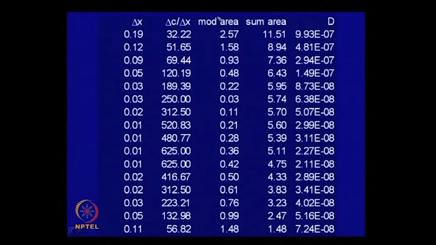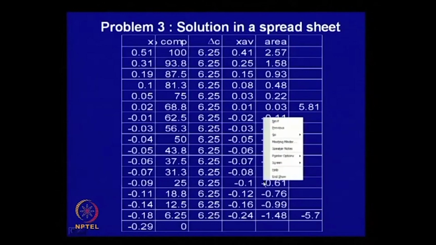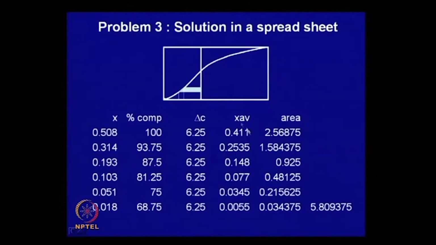So, take the modulus of the area listed here, then sum the area, and the summation has to be from the concentration 0. If you go back, the summation has to be from this negative end: area from here up to this, then this area plus this area plus this. That way you have to estimate all along the distance.